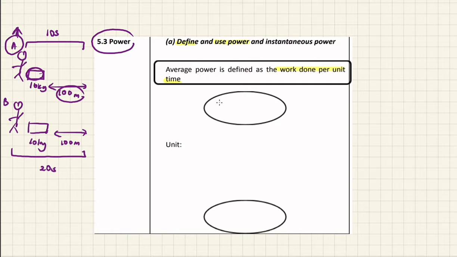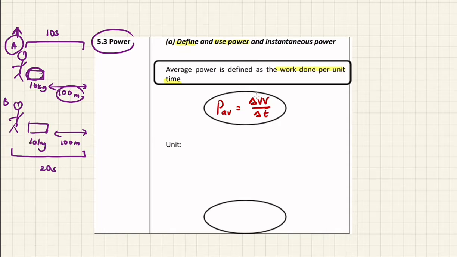For the formula, average power equals the rate of change in work over change in time, so work done per unit time.